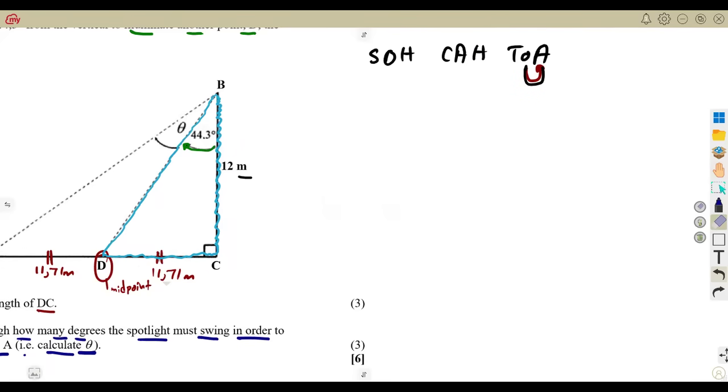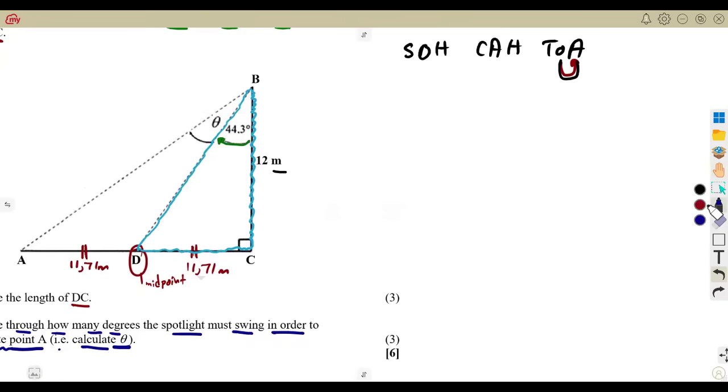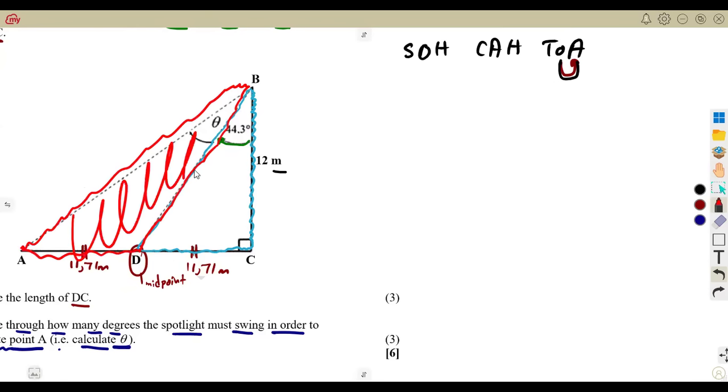If we take a closer look again at our diagram, where theta is found, it is in this triangle from A to B to D and back to C. This triangle that we are seeing here, where theta is found, is a non-right-angled triangle, and we do not have the necessary information.